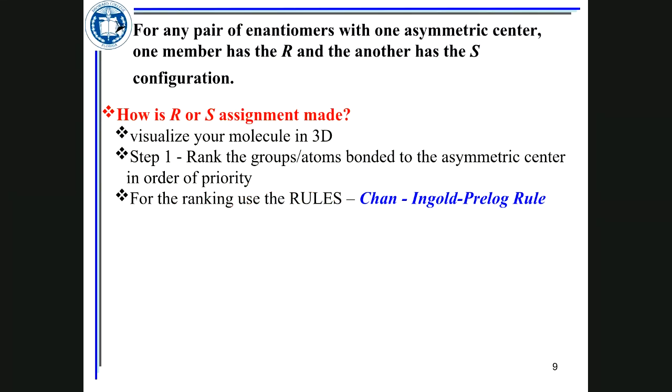If you have one more example here, probably it is better. If you have carbon, you have hydrogen. In this case, you have a CH3 on this side, and then you have carbon.